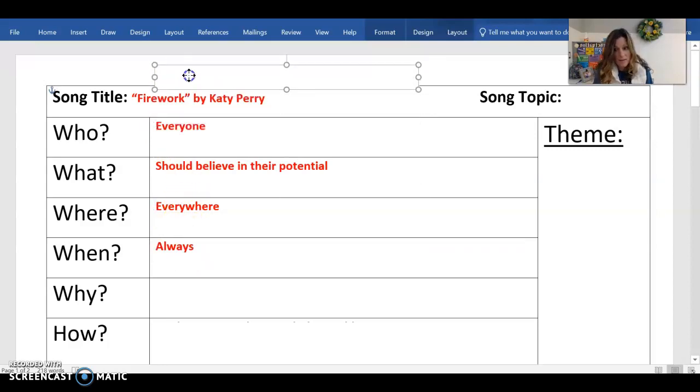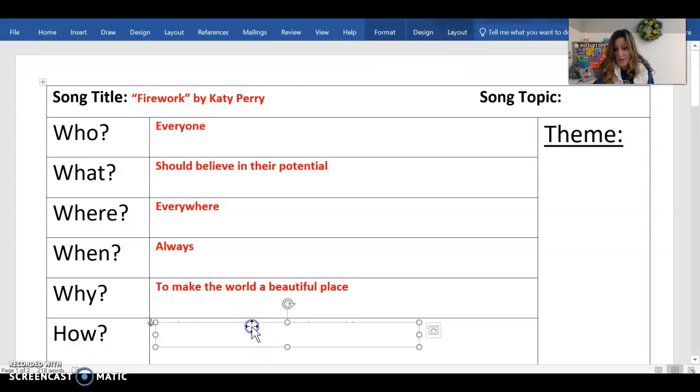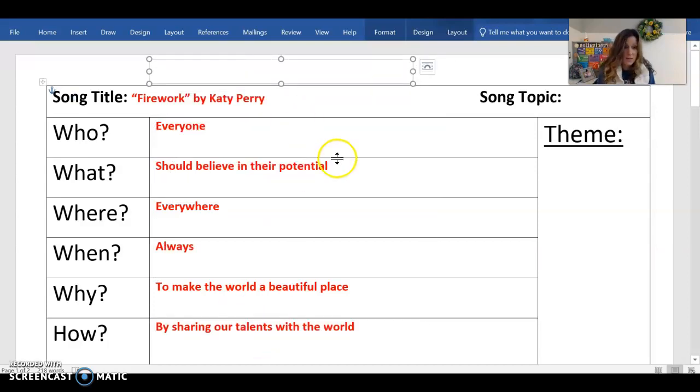The when? Always. Okay, some of these are very general. It doesn't necessarily say this in the text, but we can infer that, okay? Why? To make the world a beautiful place. It says that right in the text. How? By sharing our talents with the world, okay?